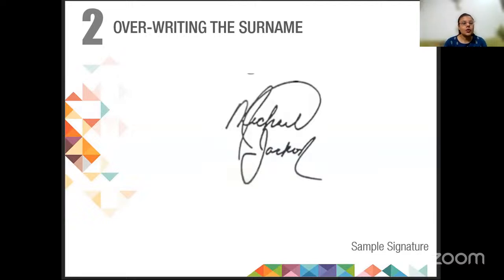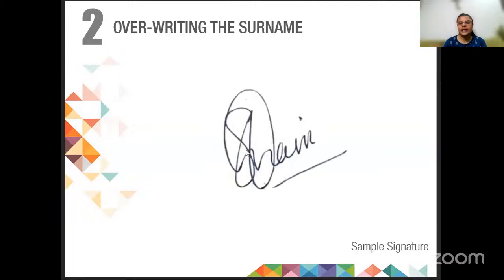This is also an illegible signature. The second example is here. This also comes under illegible signature, where you have overwritten, and in some way you want to secure yourself, or you are into some anger, aggression.